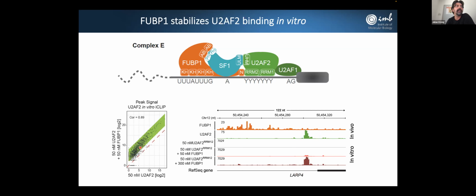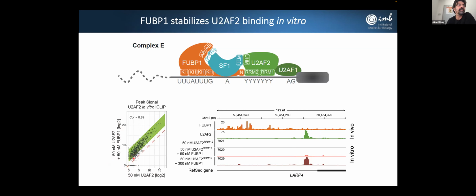Here is the analysis of these 2,000, or actually, I don't know if it's 1,000 or 2,000 anymore, different splice sites. You can see the signal for U2AF2 alone, and here the signal for U2AF2 in the presence of FUBP1.